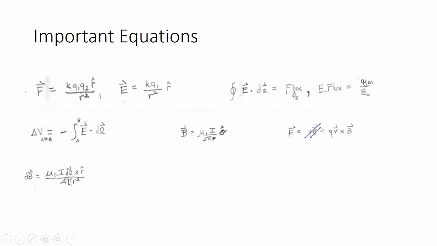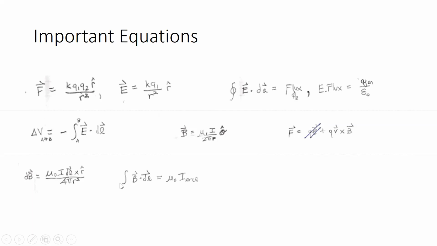Notice over 4 pi r squared, kind of like Coulomb's law up here over r squared. So that's the Biot-Savart law, and we'll be using that later in the class. Just want to remind you that you have covered it, although you might not remember it right off the bat.